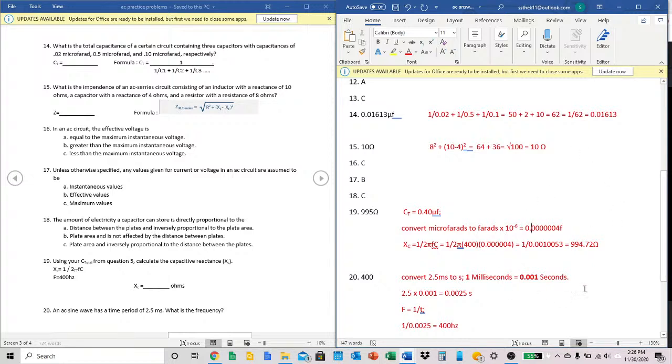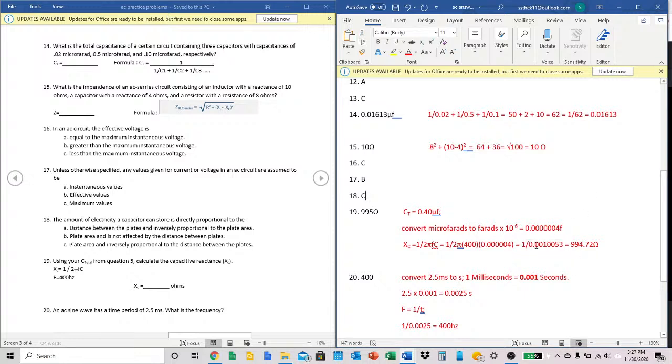Okay, so I'll say that again: 1 over 2 pi times 400 for our frequency times 0.00004 farad. You multiply all of that out. Here I multiplied all of the bottom of the equation out, so 2 pi times our frequency times our capacitance in farads gives us 0.0010053.